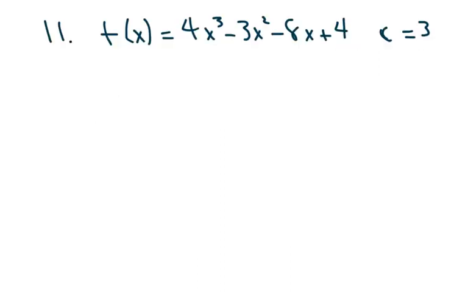The first one we have is 11. It's on page 231, and this is our polynomial. We want to see if x minus 3 is a factor of this equation. Instead of using synthetic division, which sometimes I like to do, we're going to evaluate f of 3.